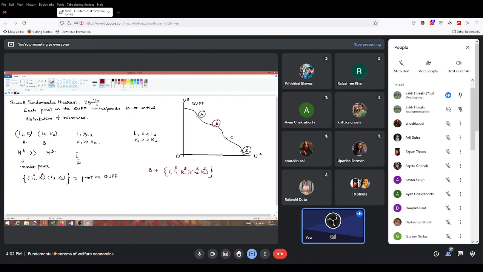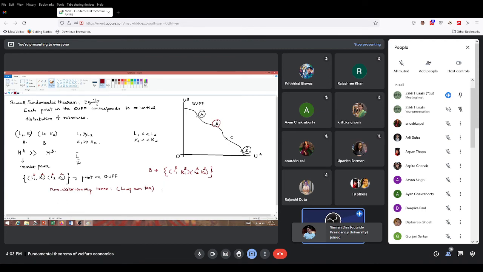Let us say this is the actual endowment. What I can do is introduce a non-distortionary tax, a tax which doesn't change the price levels. That is, a lump sum tax, a head tax, a poll tax.